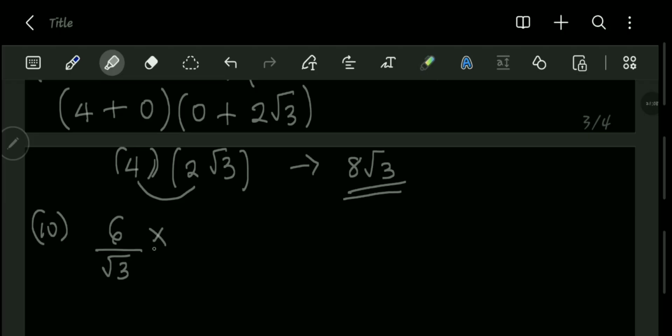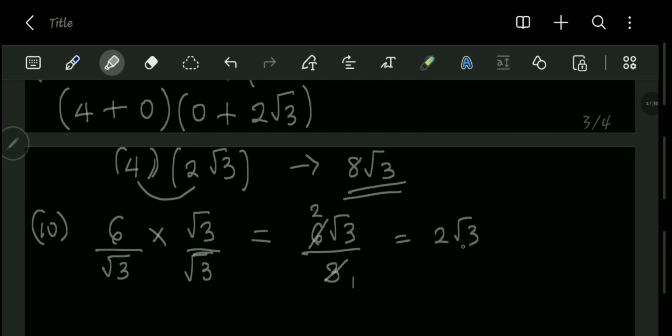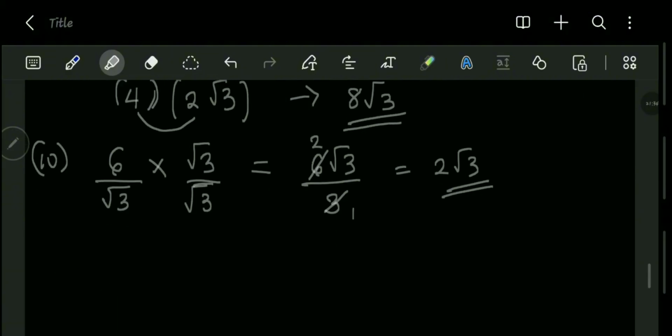So I'm multiplying up by the denominator and down by the denominator. Are you seeing that? So 6 multiplies √3 to give me 6√3. And √3 times √3 is √9. And that √9 is just 3. Right? So I can actually cut something here. 3 cut this to give me 2. Are you seeing that? And I'm having 2√3 over 1 is still 2√3. So this is the simplified answer.